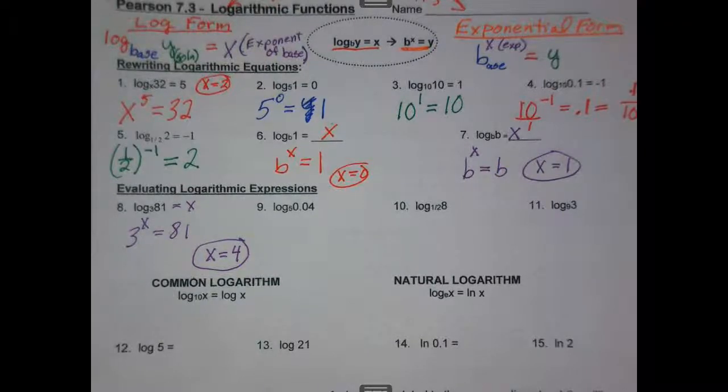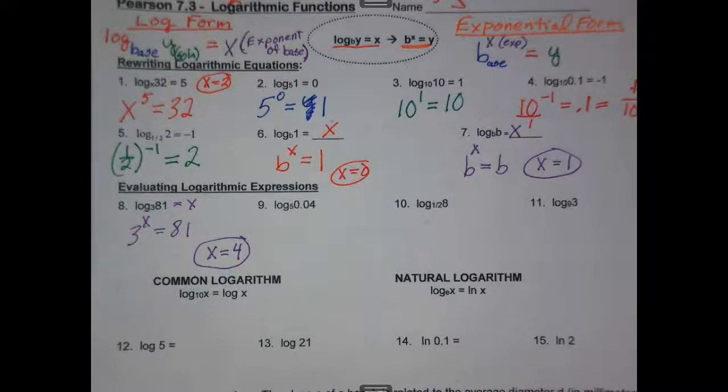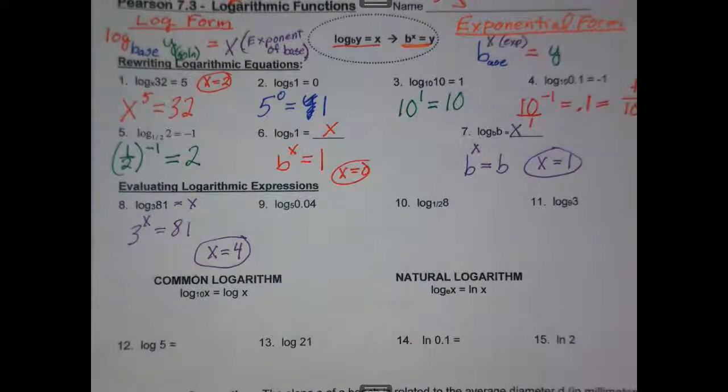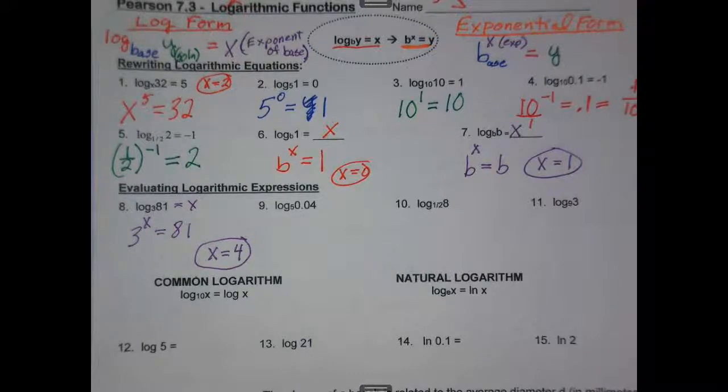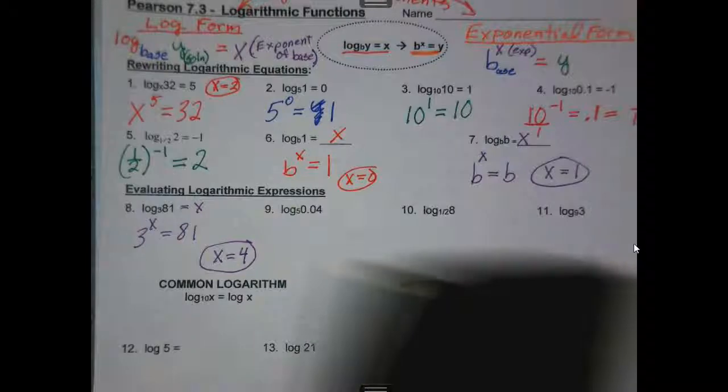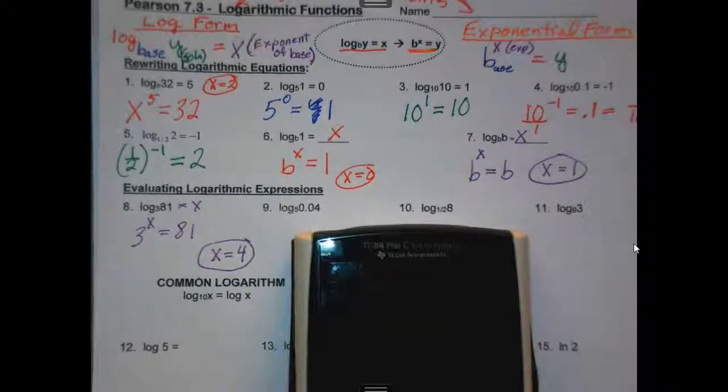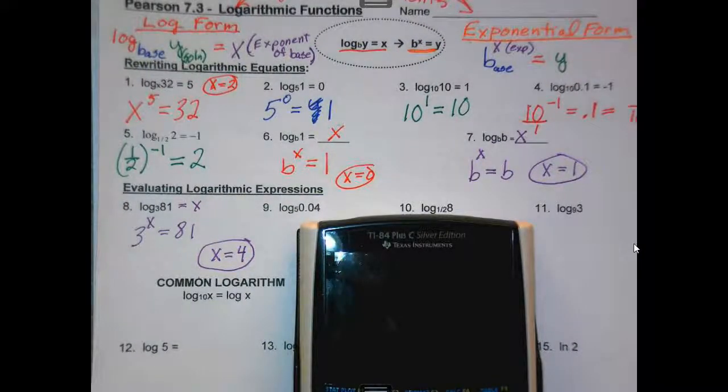Okay, how did Ethan get 4? 3 to the 4th power is 81. What if you didn't know that? How would you get it? Calculator, right? You could do it that way, or we know we're multiplying it by itself.